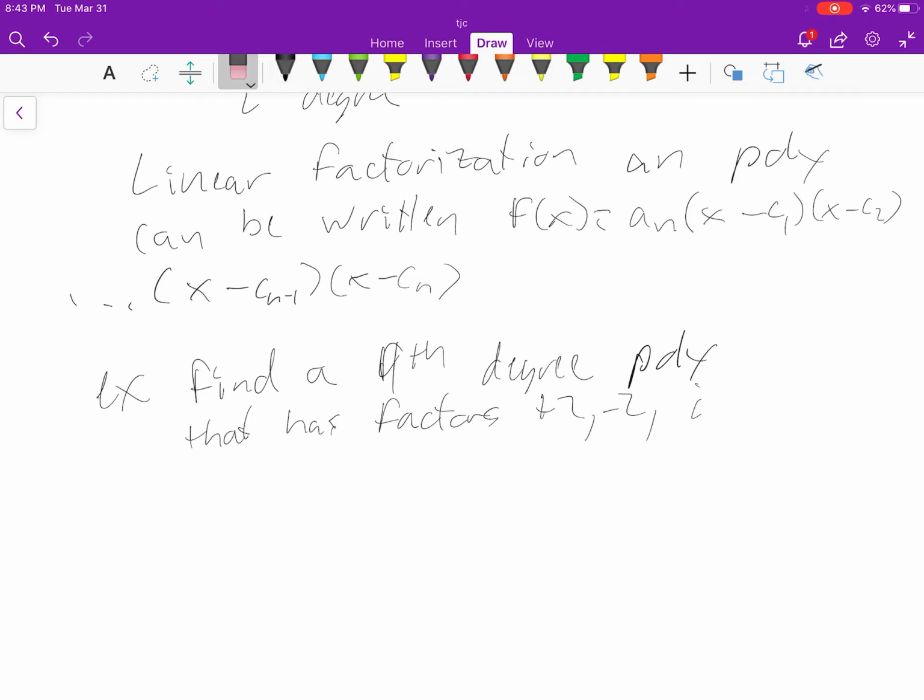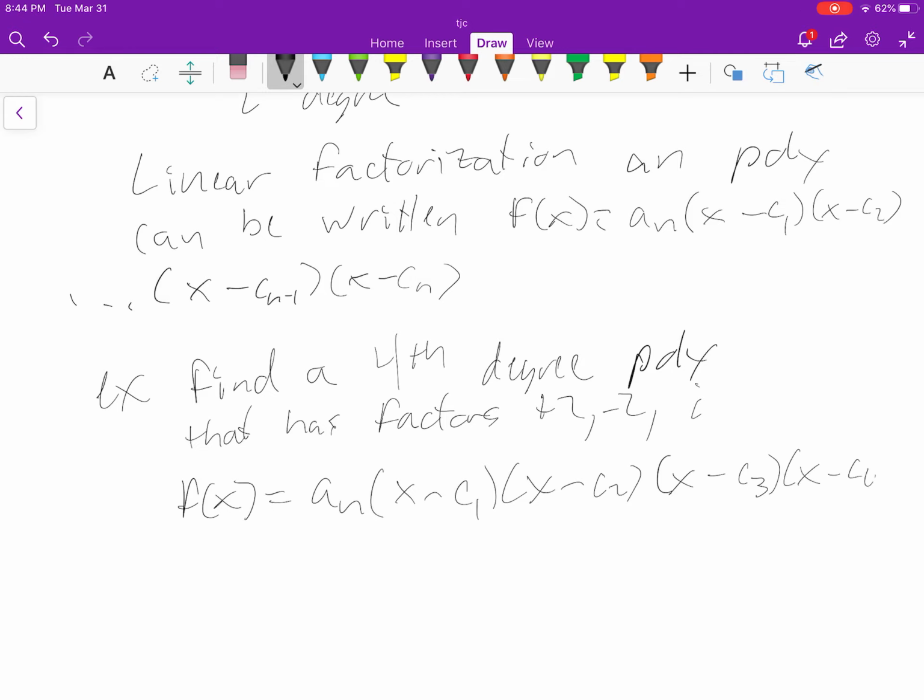Now, since it's a fourth degree polynomial, we know that it's going to have 4 factors. So it can be written linearized like this. And we have c1. c1 is going to be 2. This will be a -2, and this will be an i.